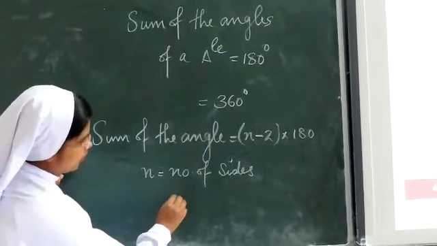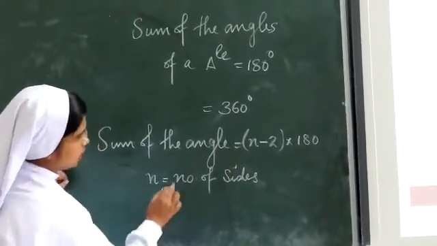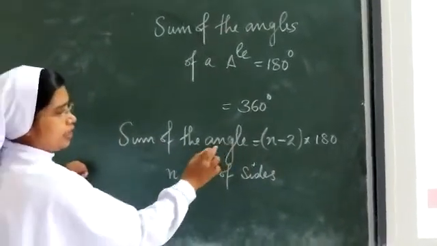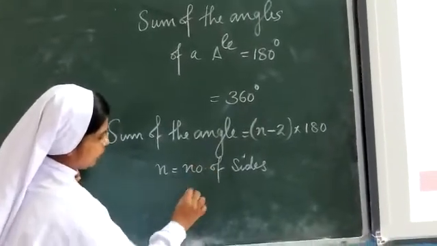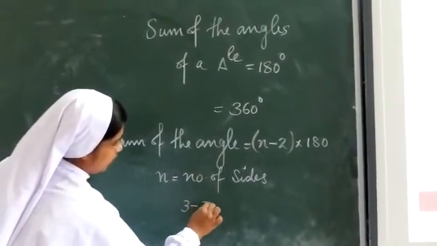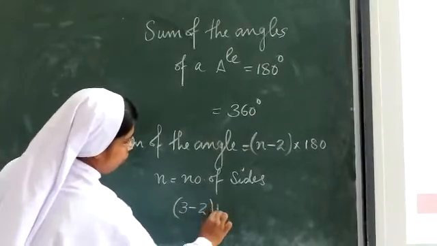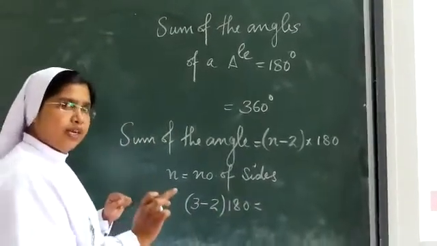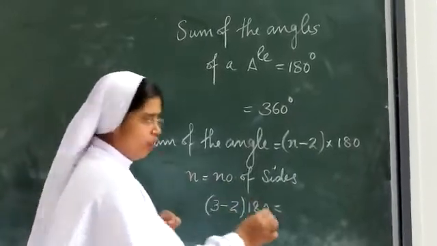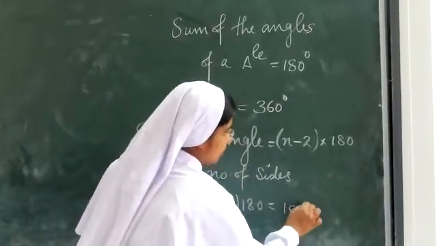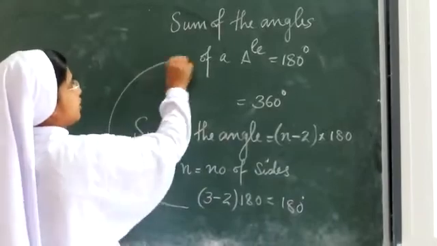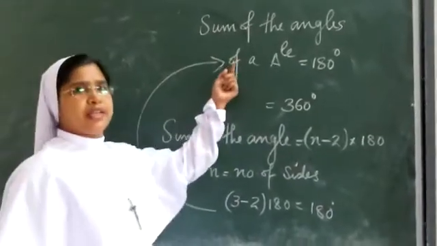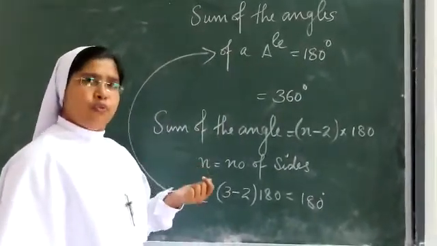So I can substitute: sum of the angles of a triangle is equal to (n minus 2) into 180. Instead of n, I am putting 3. 3 minus 2 into 180. 3 minus 2 is how much? 1. 1 into 180, 180. So that is what we got here. Sum of the angles of a triangle is equal to 180 degrees.